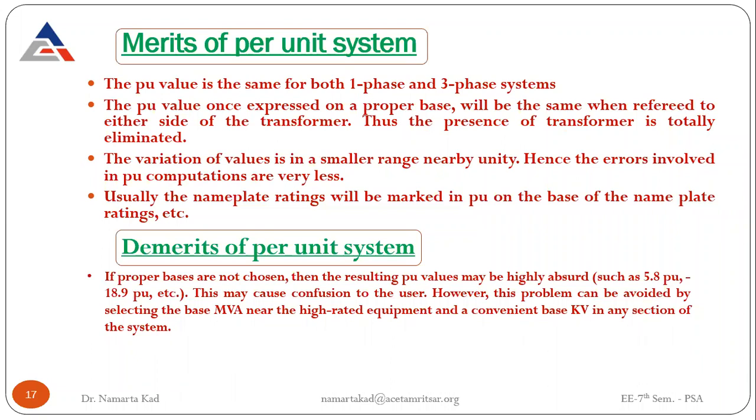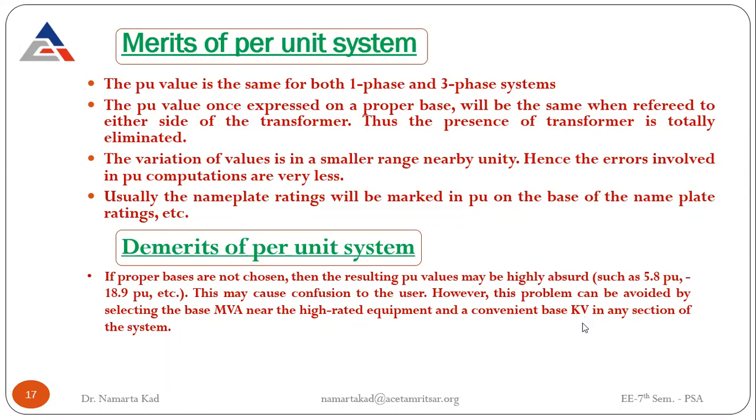The highest MVA present in the system, we choose as our base value. And generally the kilovolt base values are chosen section wise. All the equipment connected to the primary side of the transformer is selected with one base kV, and all the devices connected to the secondary side of the transformer are selected with another base value.